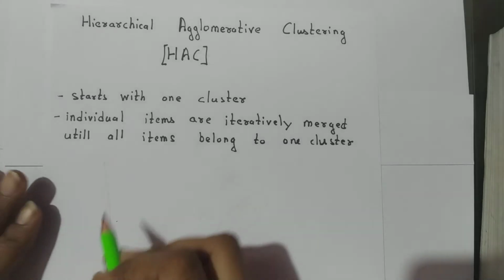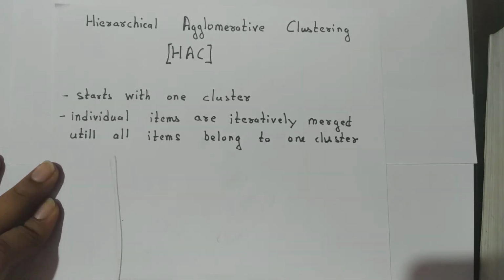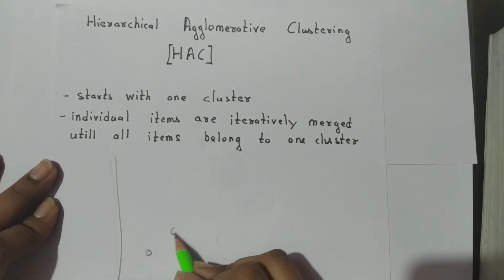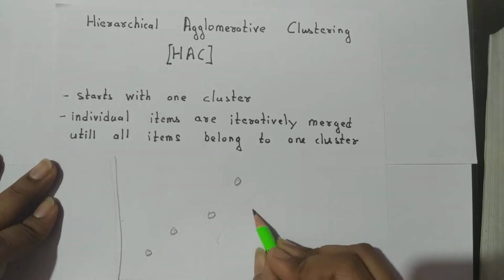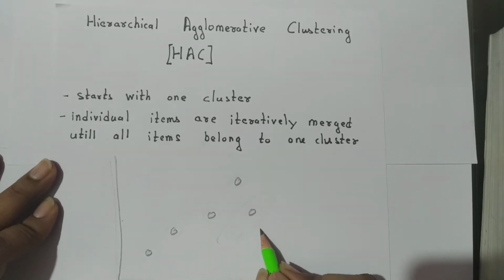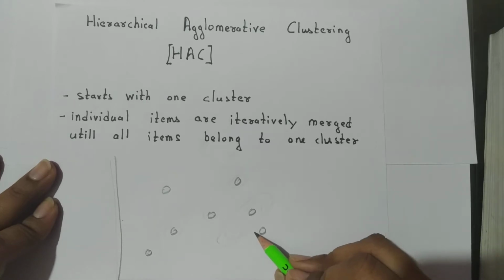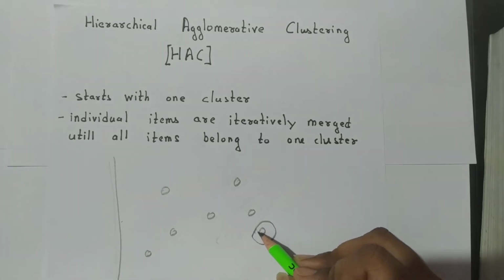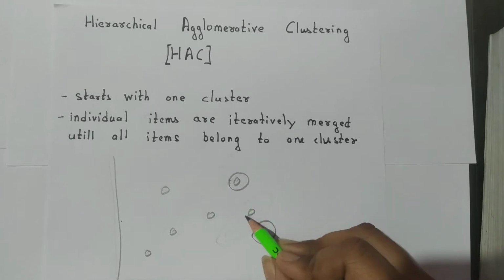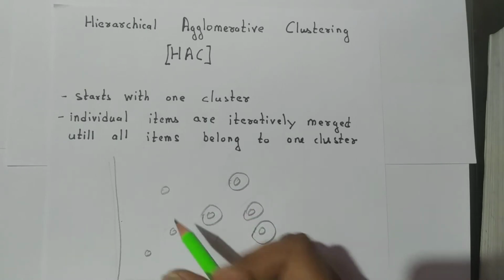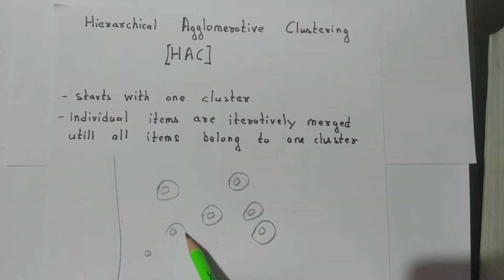What we mean by that is, let's say we have certain points like this. HAC assumes that each point is in its own cluster.